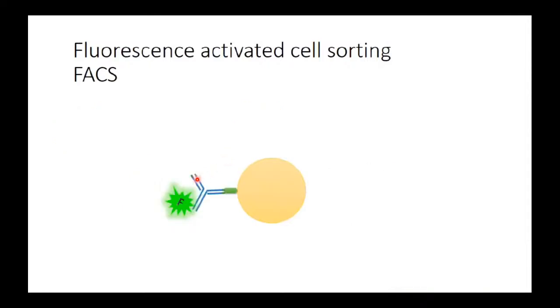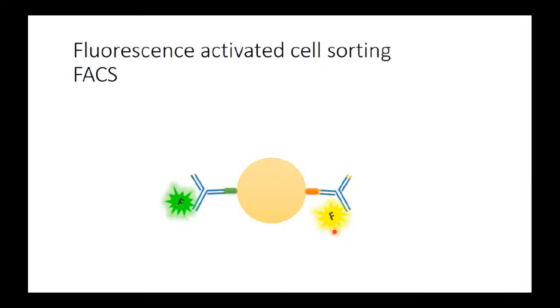Then if the cell only has a green fluorophore, we can know that this cell is expressing one protein, the green protein. If the cell is emitting yellow light, then the cell is expressing only the second protein. And if the cell is emitting two lights, or giving two signals on the two detectors, then we can say that the cell is expressing both proteins.